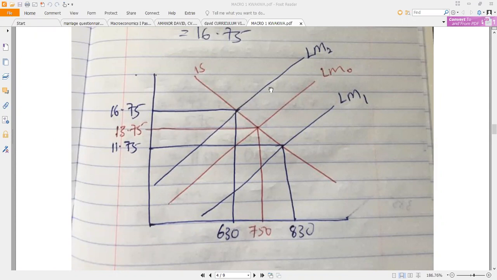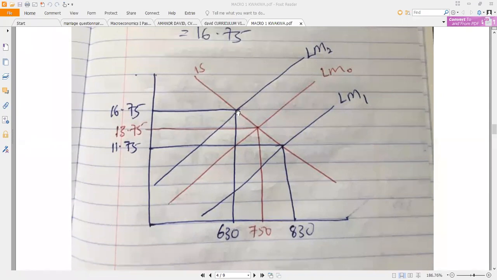If there is, you see the second one, the question was that there's an increase in autonomous demand for money. So money demand has increased. Initially, money demand was equal to supply of money, but now money demand has increased, and as a result, there is a disequilibrium in the money market.